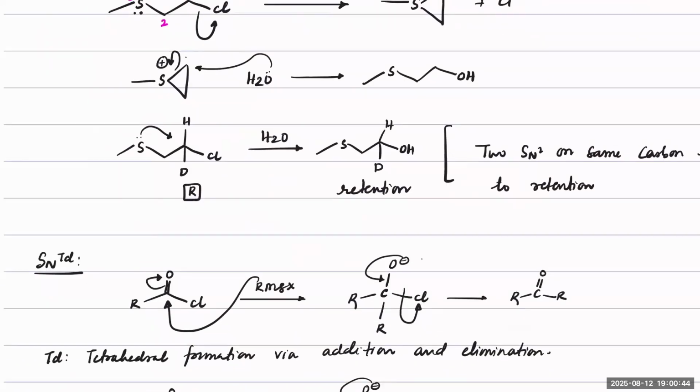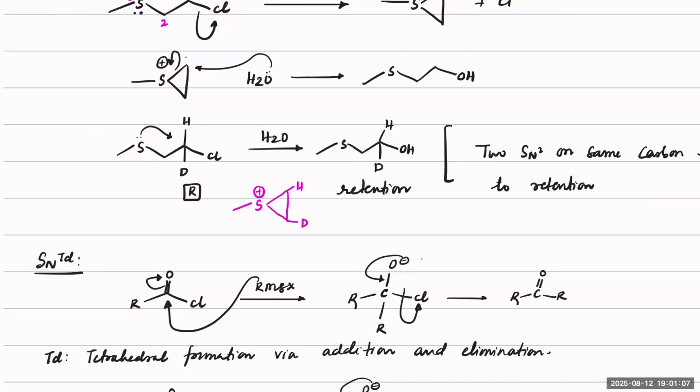Now notice, if this position was R configured, sulfur has attacked and Cl minus has gone. So what is the intermediate which is forming? This is how the intermediate has been formed, with hydrogen here and deuterium here, with a plus charge. Done, beta.